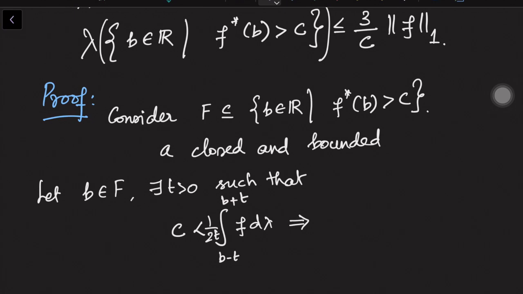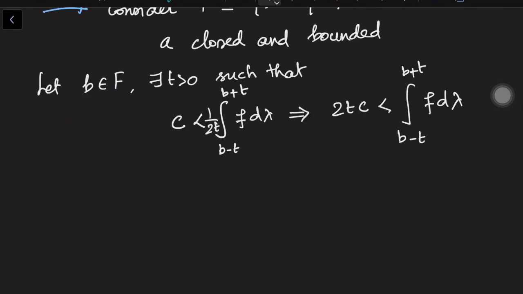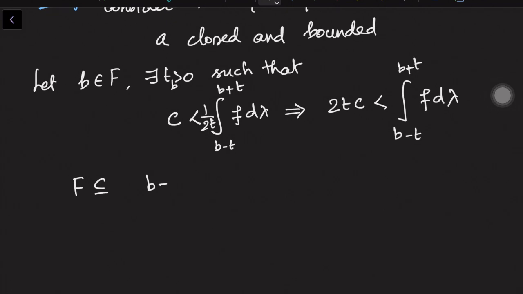This is equivalent to saying that 2tc is less than the integral of |f| over that interval. Now, is it clear that F is a subset of all these intervals, whatever we got? Let me denote t with the suffix t_B.